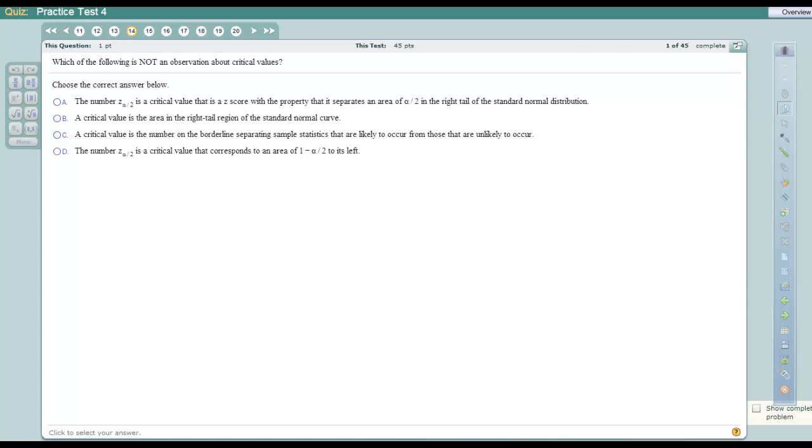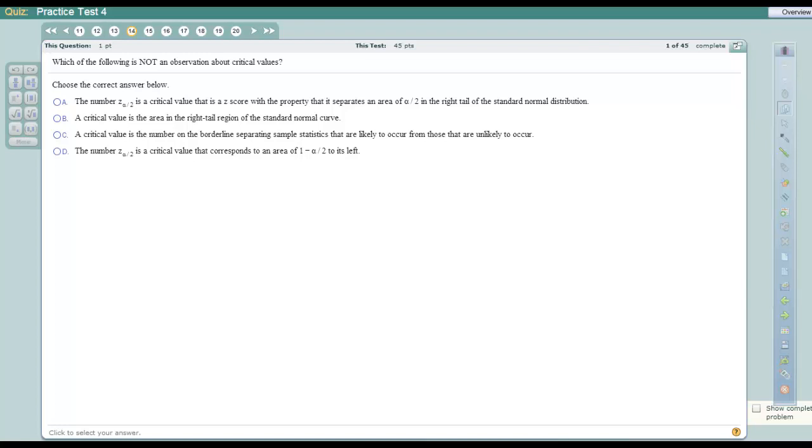Okay, the critical value is the area in the right tail region of the standard normal curve. Nope. A critical value is the number on the borderline separating sample statistics that are likely to occur from those that are unlikely to occur. That sounds interesting. Let's see what the last one is. The number z alpha over 2 is a critical value that corresponds to an area of 1 minus alpha over 2 to its left. C or D?